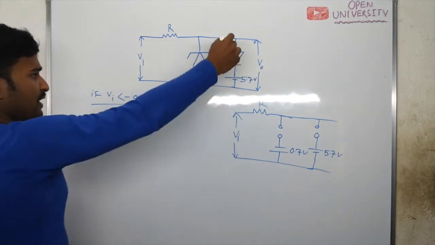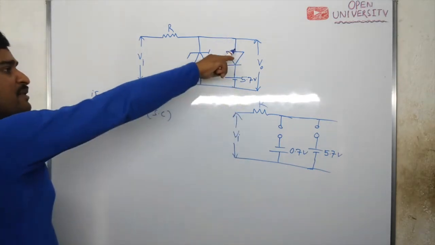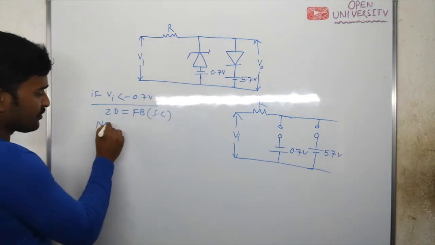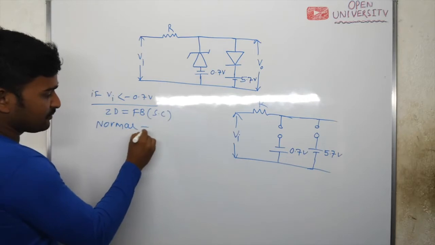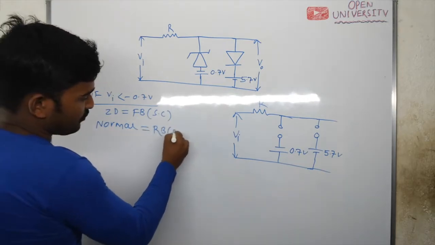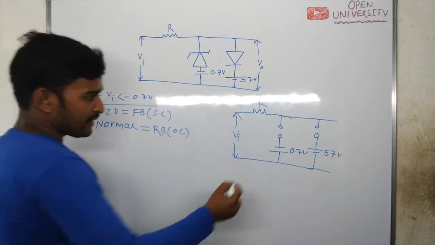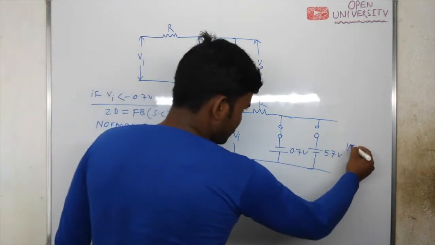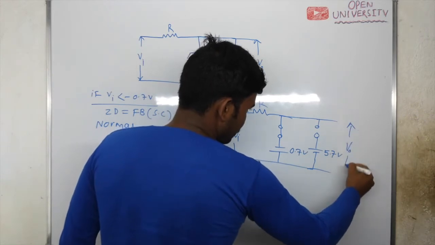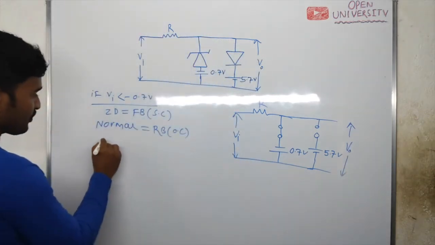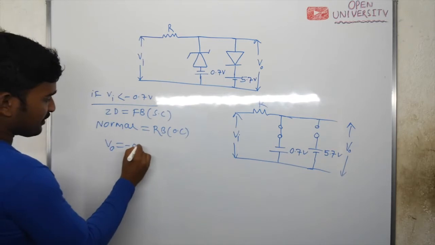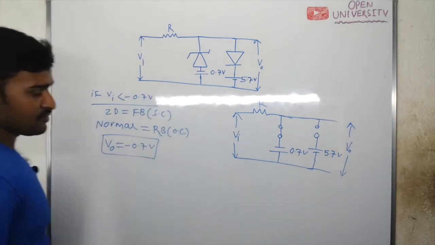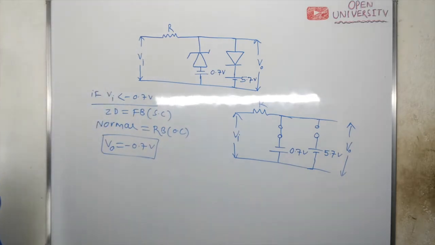What about the normal diode? The normal diode becomes forward biased only if input voltage is greater than 5.7 volt. Otherwise the normal diode is reverse biased, so it is replaced with an open circuit. So make the Zener diode a short circuit and this an open circuit. Then the output voltage will be minus 0.7 volt. This was the same in the earlier question.